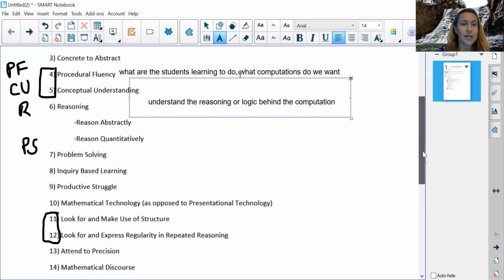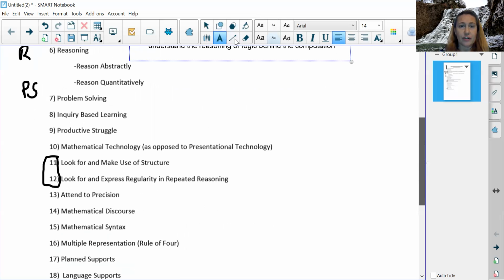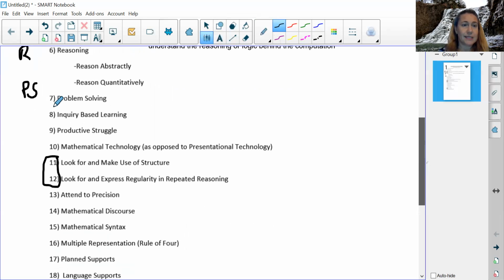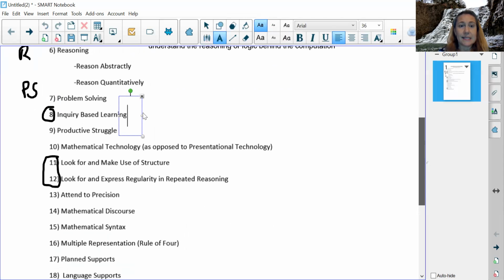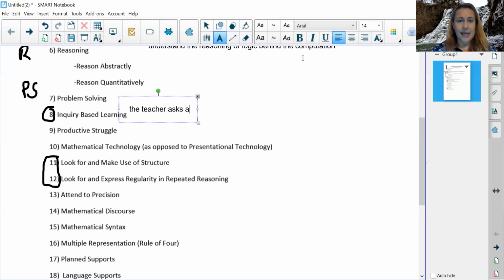Which brings me to another term on this sheet, inquiry-based learning. And I will argue that the very first lesson that I'm going to present to you is an inquiry-based lesson, right? And what an inquiry-based lesson is, is really what I just described, right? The teacher asks a good, intriguing, interesting question.